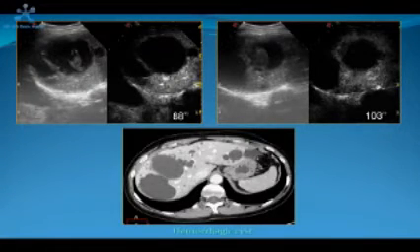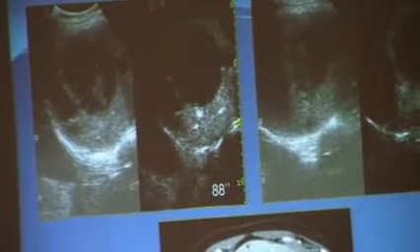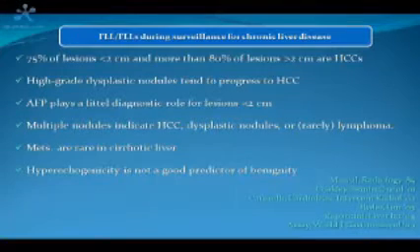So a very complex cyst, no enhancement at CEUS, and just a hemorrhagic cyst at CT, and this case was proven by aspiration of the lesion.